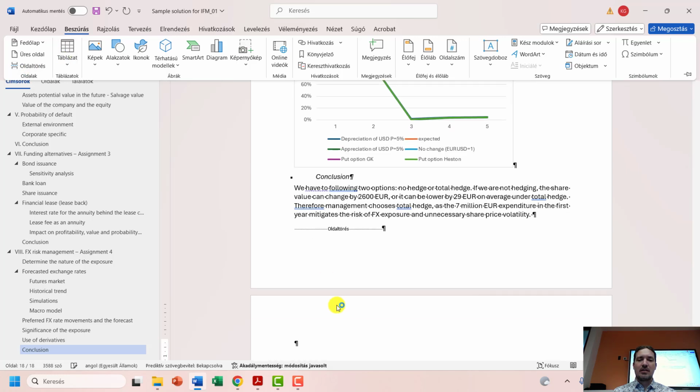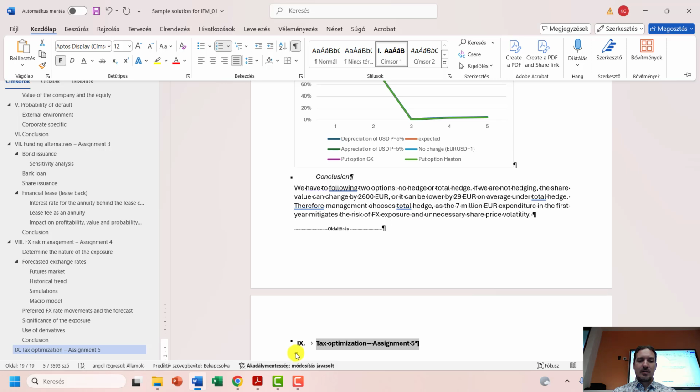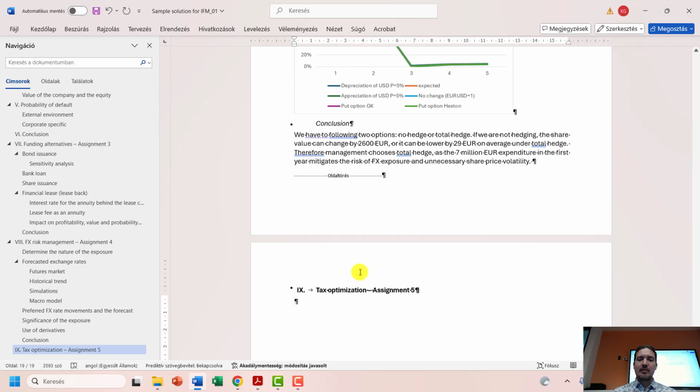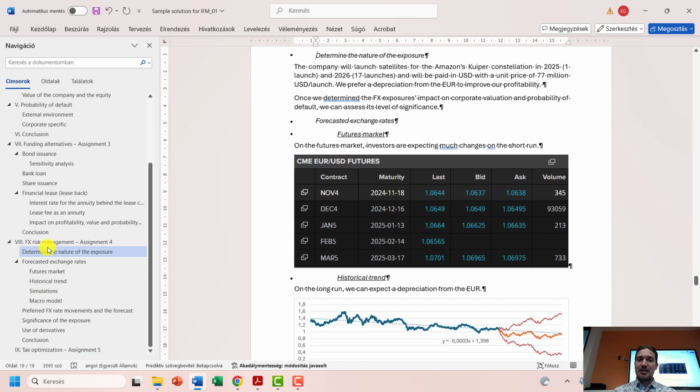So let's start anew, and this is tax optimization. Assignment 5. The key problem is again the same.